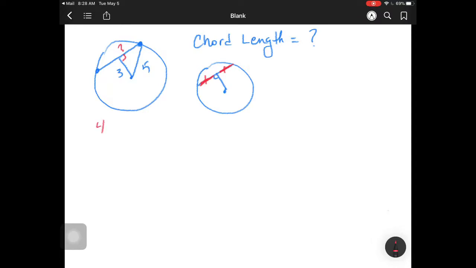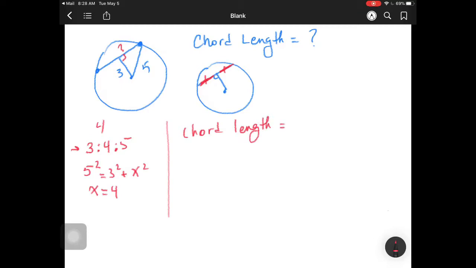You either do it by remembering the 3, 4, 5 special right triangle, or if you forgot this one, then you can say that 5 squared equals 3 squared plus x squared, Pythagorean theorem, and you can find out that your x is 4. So now my chord length would be twice the half that I just discovered, 2 times 4, which is 8.